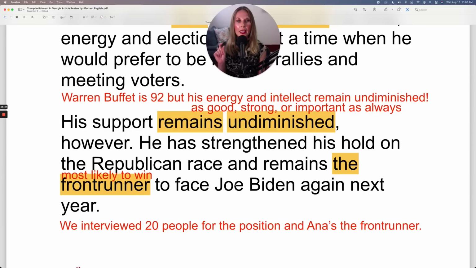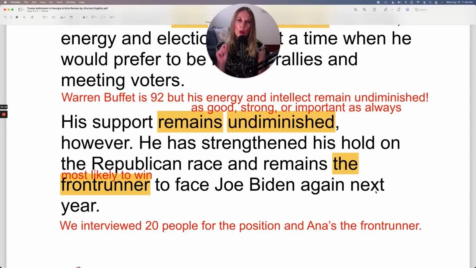That doesn't mean he's the most likely to win the 2024 election, but he's the most likely to win the nomination in his party to compete against Joe Biden. So that's where he's the front runner. He remains the front runner to face Joe Biden again next year in the 2024 election.